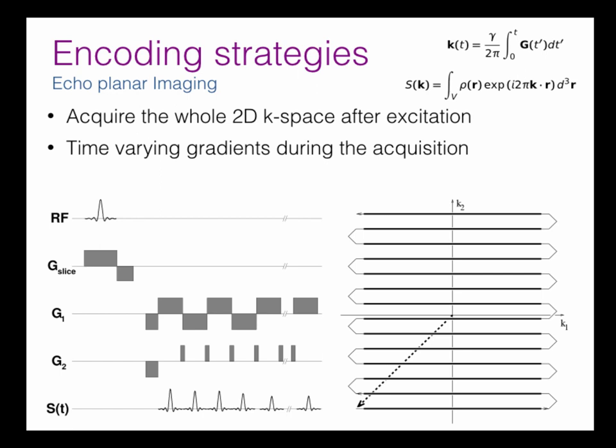And so you need to be able to collect the whole image before the signal's gone. That limits how far you can go, because it depends on the strength of your gradients as to how big this region can be. And as I said, the extent of this region that you sample determines the pixel size. So that ultimately affects the resolution of your image.